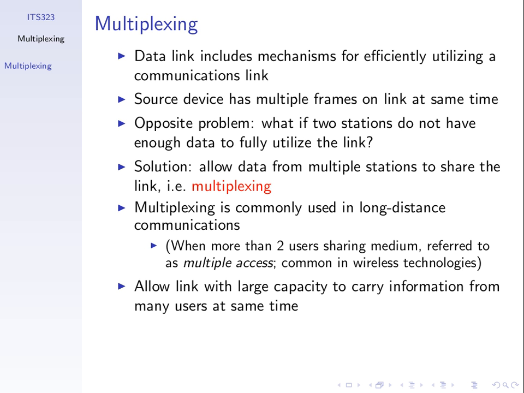It's the process of combining data from multiple users or multiple inputs into a single cable or a single line. When the data from multiple stations share one link, we don't just have a link per user, we may have a link where the data from multiple users go across that one link.